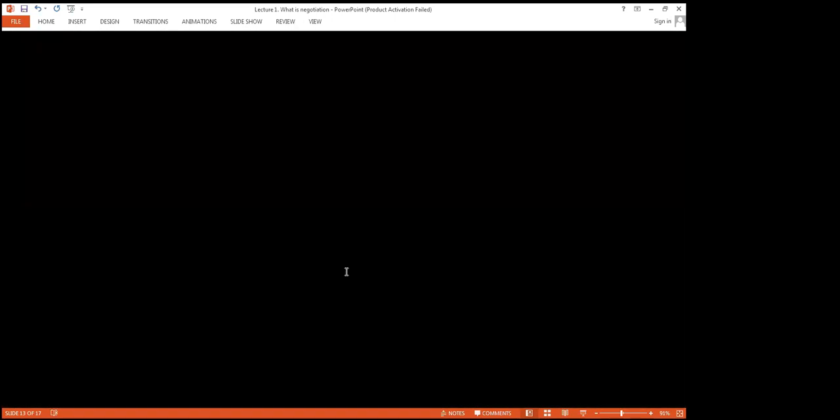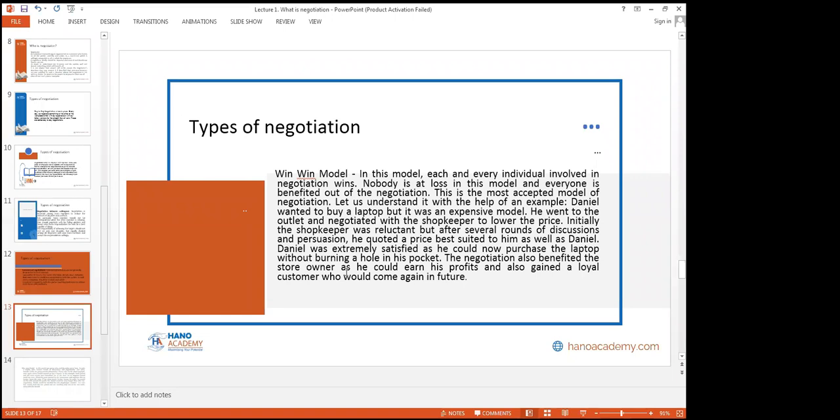Initially, the shopkeeper was reluctant, but after several rounds of discussions and persuasion, he quoted a price best suited to him as well as Daniel, where Daniel can manage.